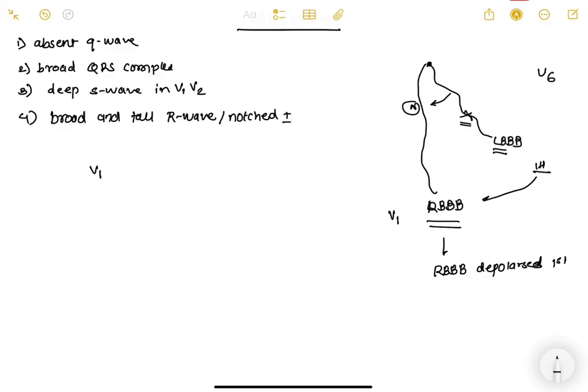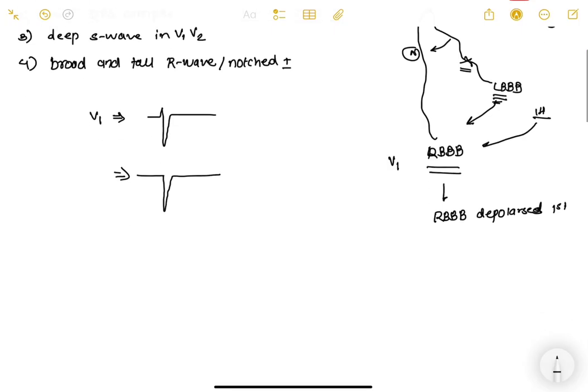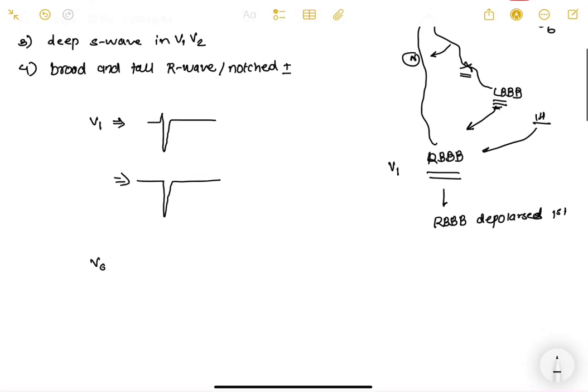Normally what we used to get in V1 is a slight positive due to this and this. Now since there is no depolarization from LBB to RBB, what we will get is a flat line, that is the absent Q wave, and it will result like this. Similarly, what will happen in V6?